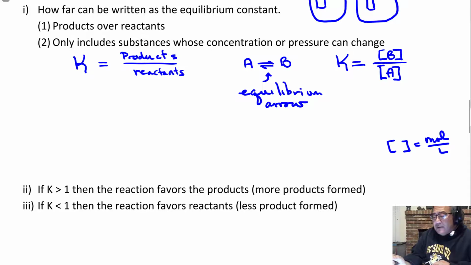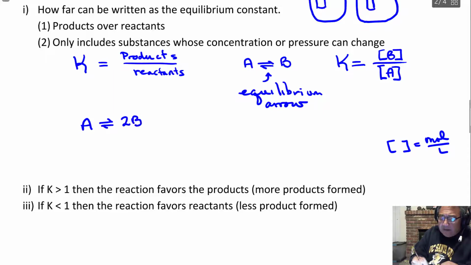So this is how you write the equilibrium constant, right? So let's say the reaction is this. A, right, in equilibrium with 2B. So let's say it's a type of decomposition reaction. Well, how would I write that? Because there's 2B's, you actually have to write it twice.